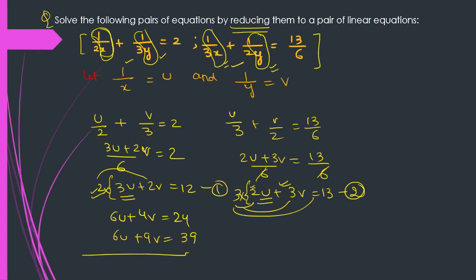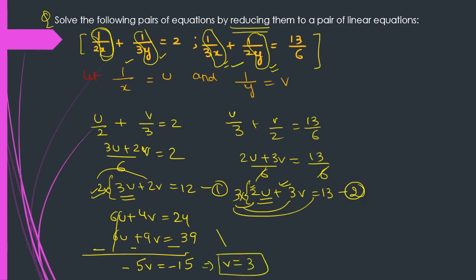Because I'm applying elimination and removing the u part, I'm subtracting. So 9 minus 4 is 5v, and 39 minus 24 is 15. So we have 15 by 5, that means v is 3.